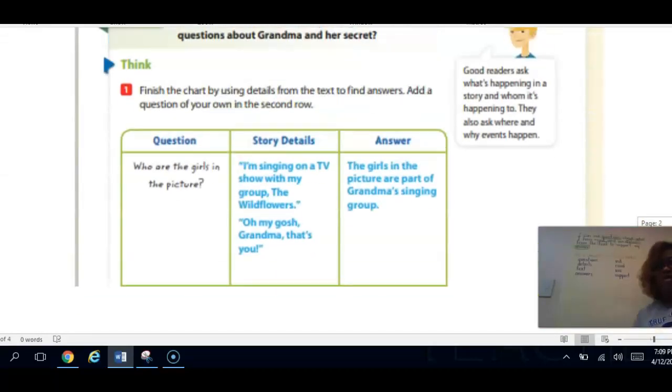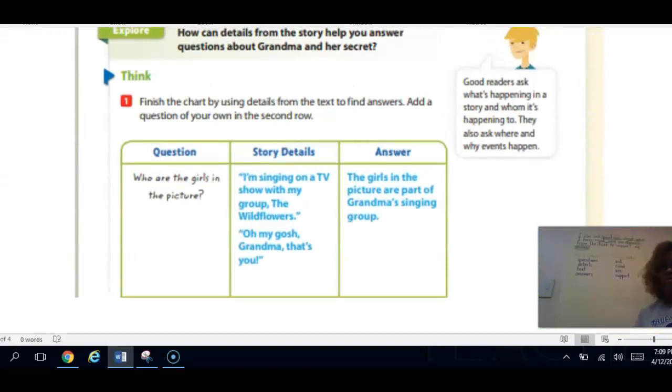So now to the activity. I'm going to start with I do. It starts out by asking, how can the details from the story help you answer questions about Grandma and her secret?